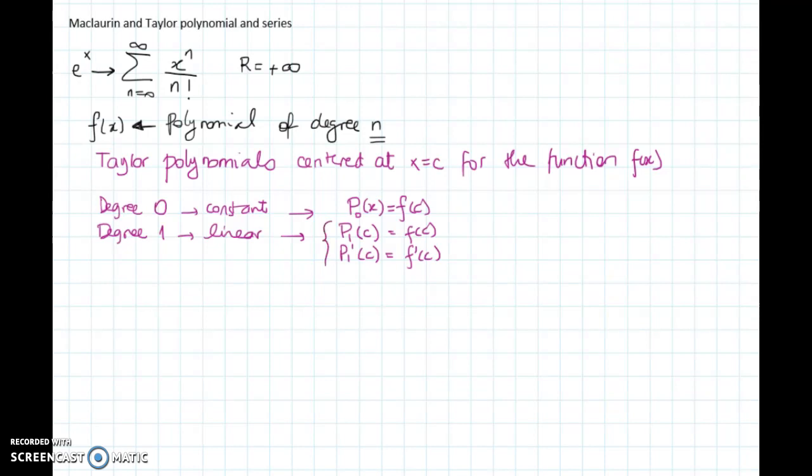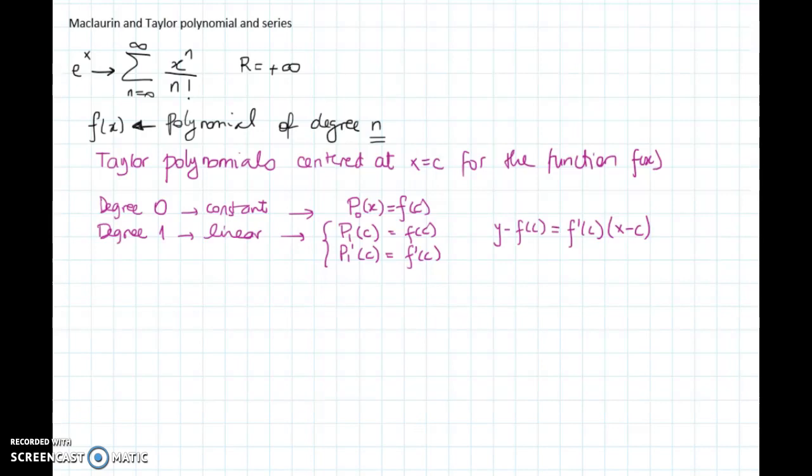So now we have two conditions for the linear polynomial we are trying to find. But this is exactly what the tangent line does. If we want to write the line tangent to the function f at the point c, we'll write that y minus f at c has to be the same as f prime at c times x minus c.